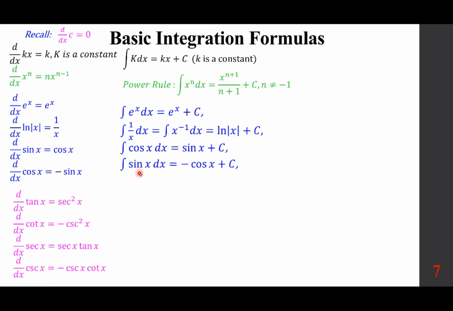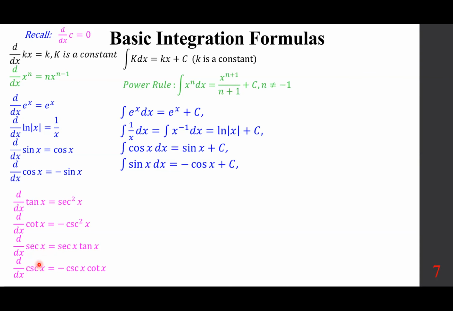Let's look at more trigonometric functions. The derivative of tan is secant squared. So the integral of secant squared is tan x plus c. The derivative of cotangent is minus cosecant squared. So the integral of positive cosecant squared is negative cotangent x plus a constant. The derivative of secant is secant tan. So the integral of secant tan is secant x plus a constant.